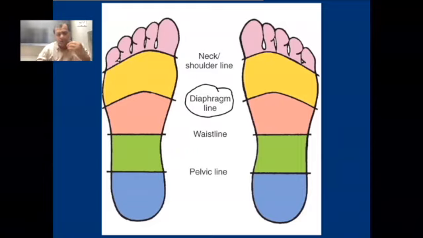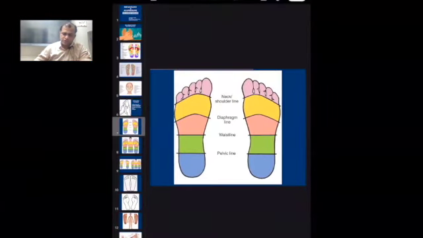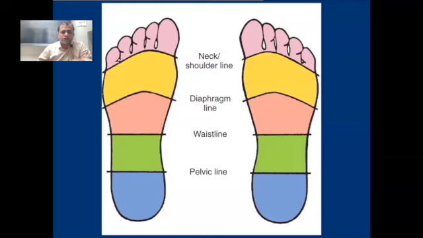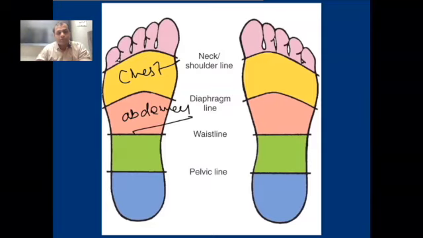Now it's very clear: in the human body, what is the diaphragm? The diaphragm is what separates the chest from the abdomen. So what is the meaning of the diaphragm line?